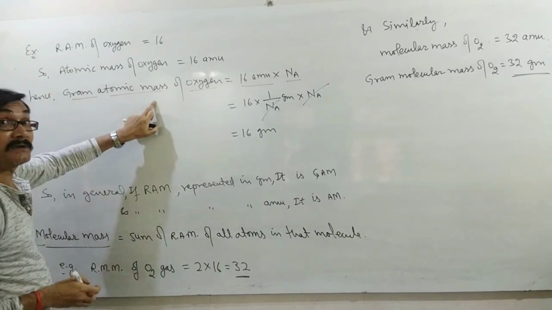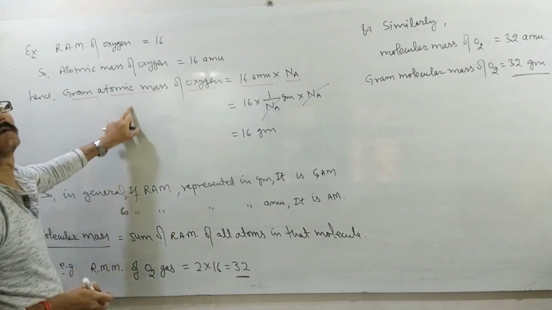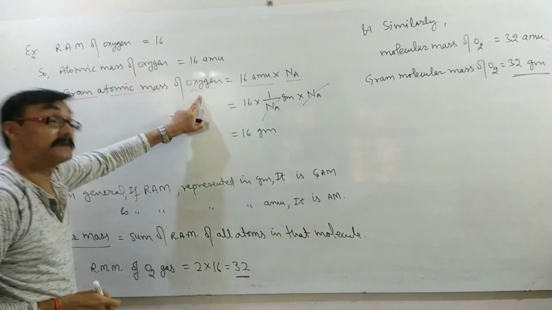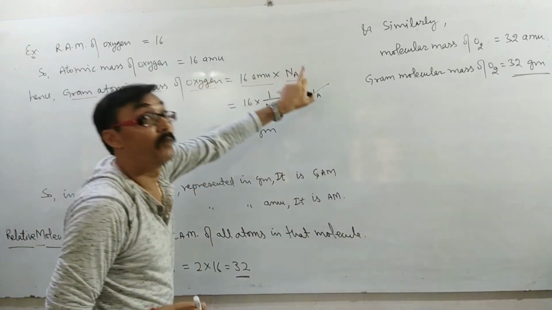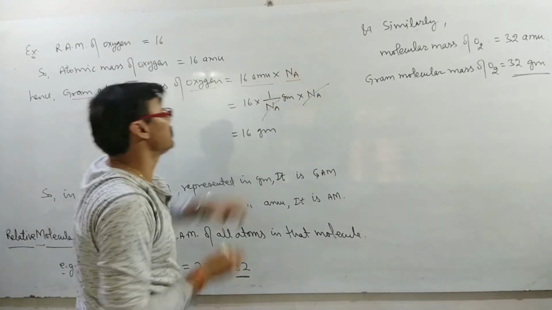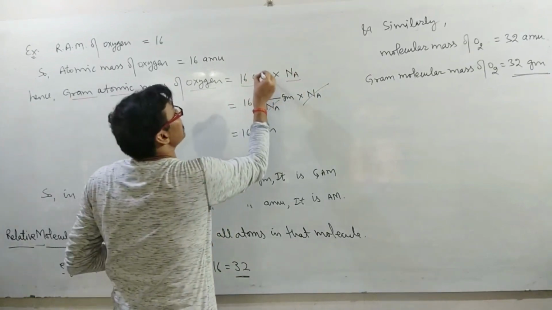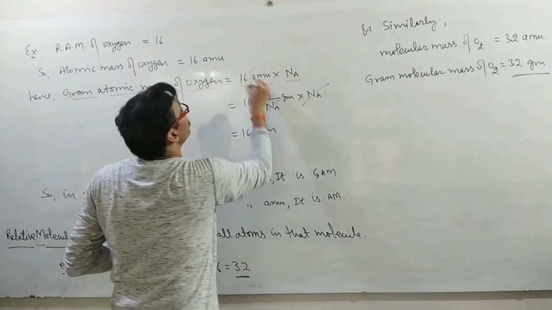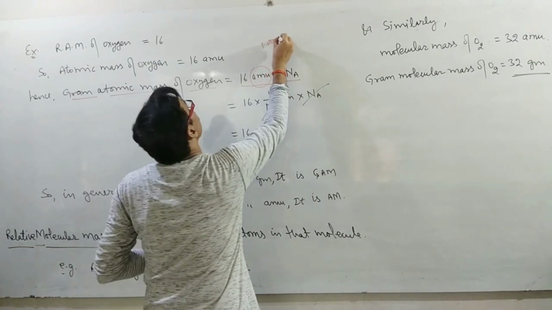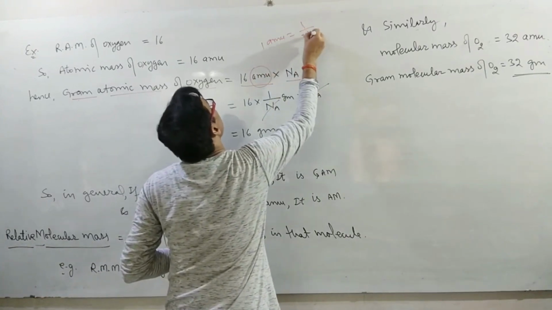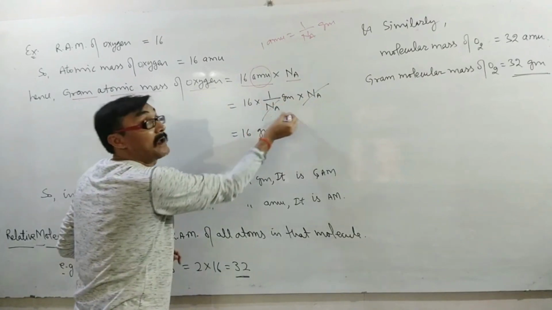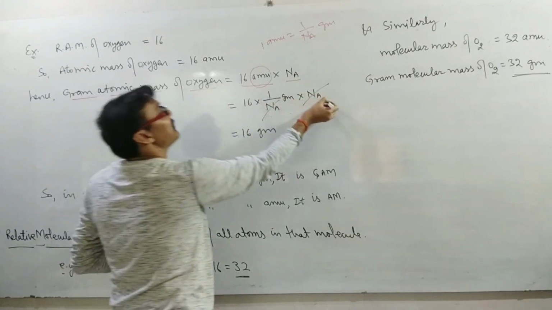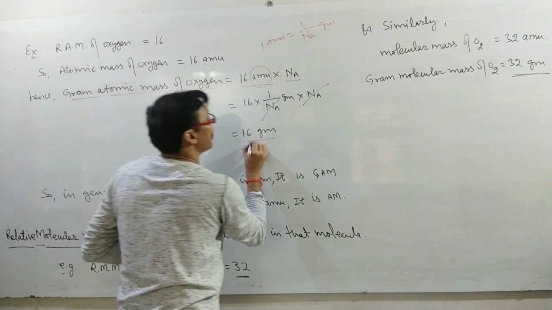We have studied that 1 AMU is equal to 1 by Na gram. So we replaced AMU with 1 by Na gram. Na cancelled by Na, so it is 16 gram.